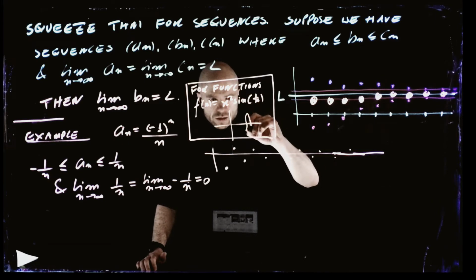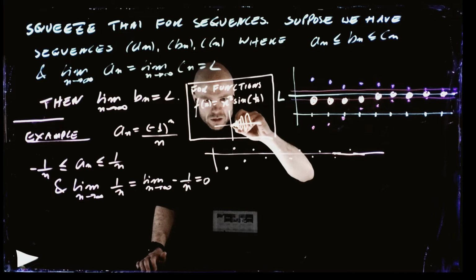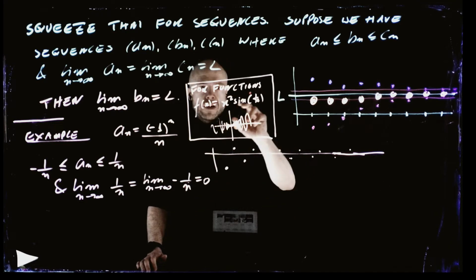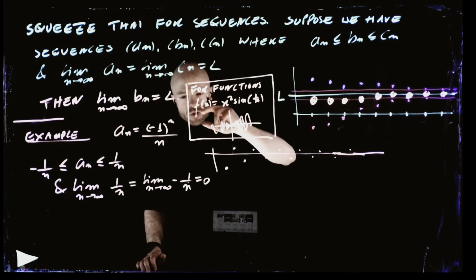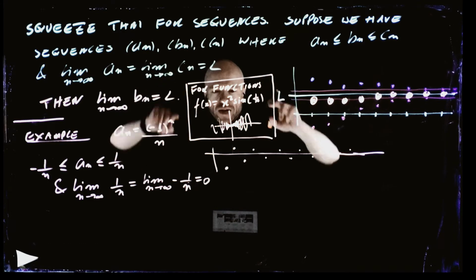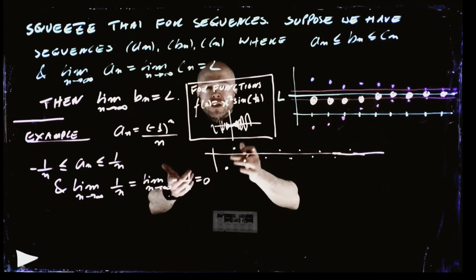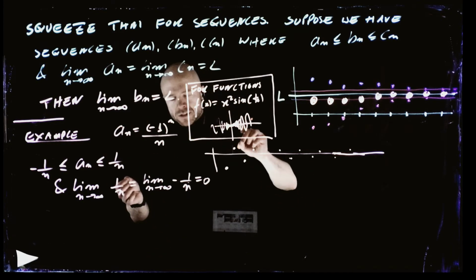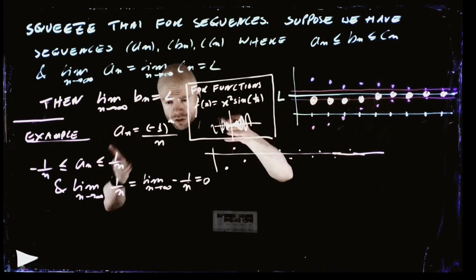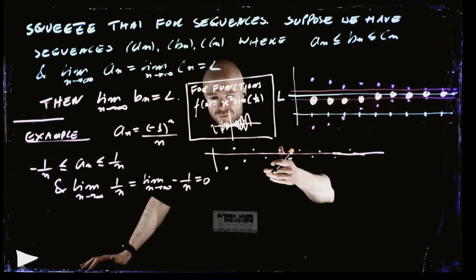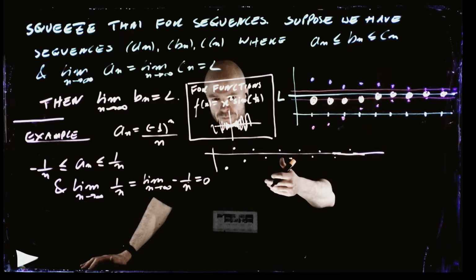It does something like this, and it's very hard to get a handle on what's happening as we approach 0. But it is trapped underneath x squared and above minus x squared, so we can understand the limit as x tends to 0. This is the classic example of applying the squeeze theorem for functions you must have learned, right? Does this seem familiar?